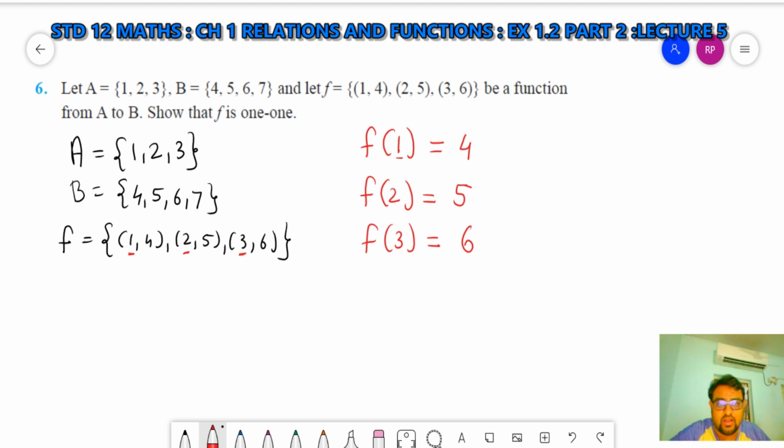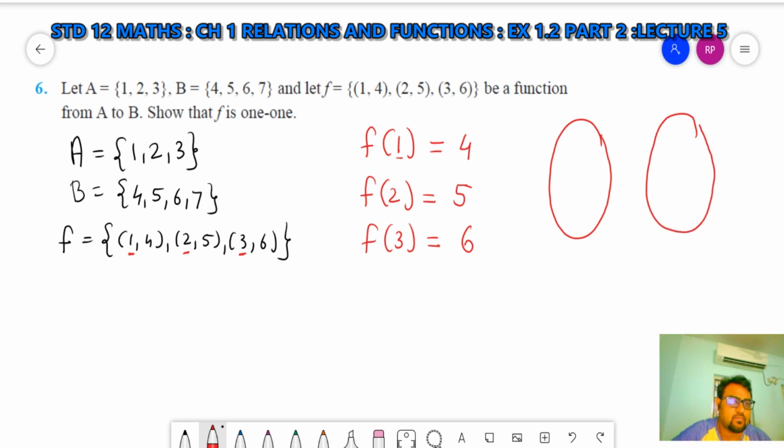Right? So see, each element has only one value and it is not repeated. Here we take 1, and we have only one value. If I draw an arrow diagram, like 1, 2, 3 and 4, 5, 6, 7, the relation is such that 1 is related to 4, 2 related to 5, and 3 related to 6.